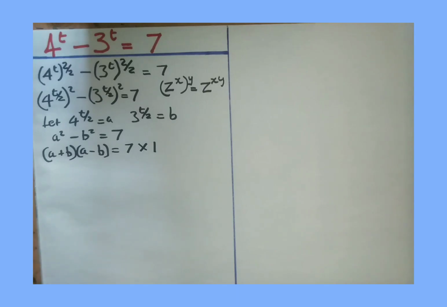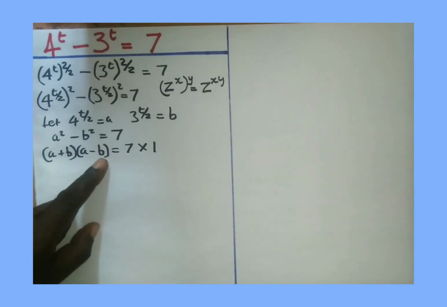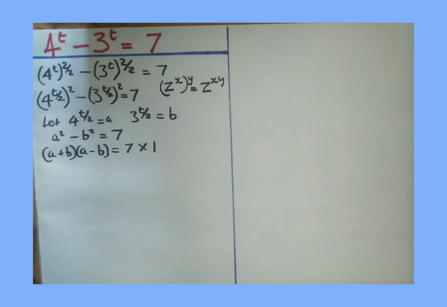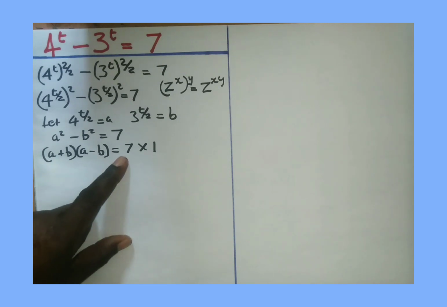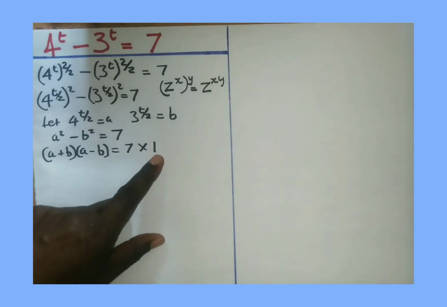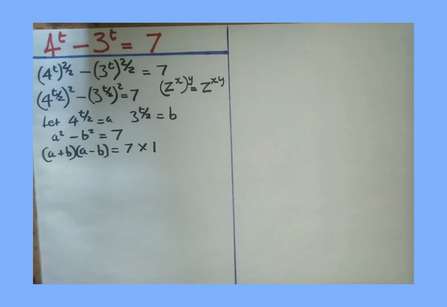But notice something here. a plus b is obviously greater than a minus b on the left-hand side of our equation. And on the right-hand side, our 7, which is a factor of 7, of course, is greater than 1. So I've written the factors with the bigger one on the left and the smaller one after that.